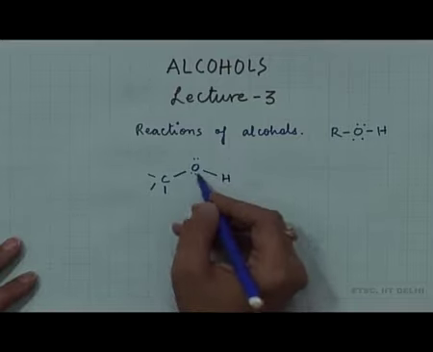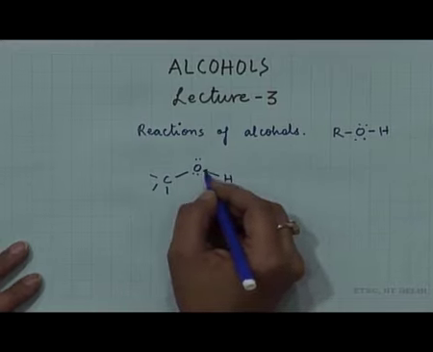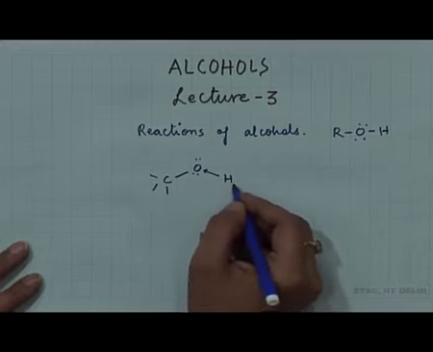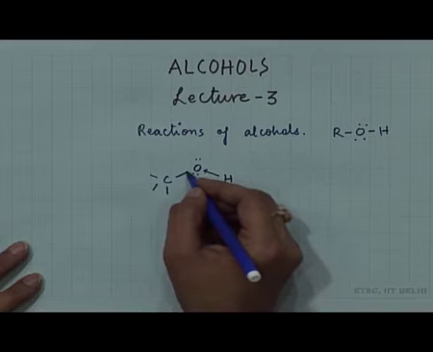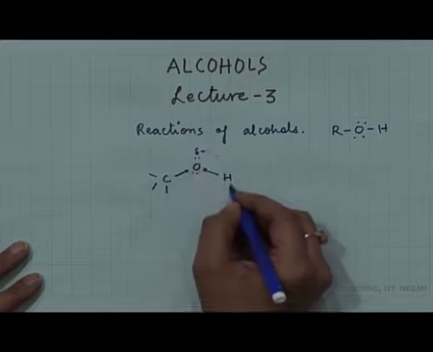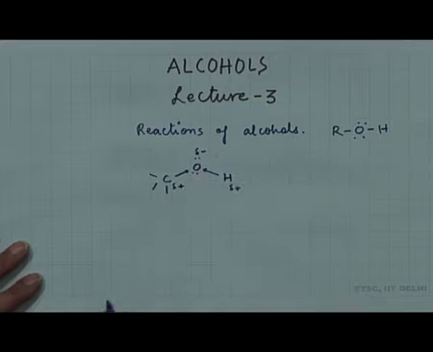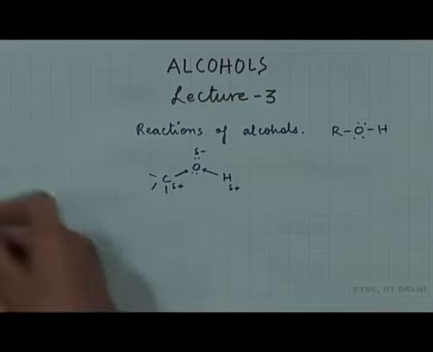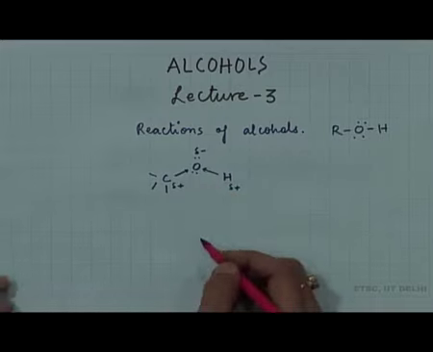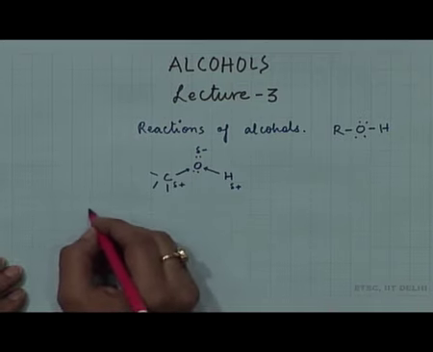In this hydroxyl group, oxygen is more electronegative than hydrogen as well as carbon, so it pulls the electron density. Because of this electronic effect, oxygen bears a delta negative charge, and both hydrogen and carbon bear a delta positive charge.